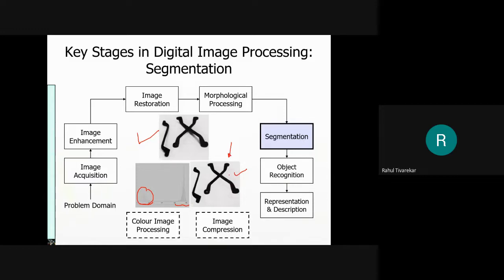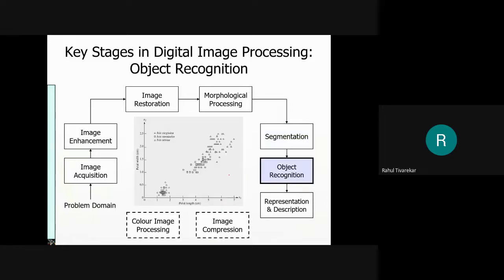So in object recognition, we compare that image with the rest of the images, and that image will match more with the spanner images, and hence we can make the decision that yes, it is a spanner. We will see later how to do that, but for now we are just understanding the stages.